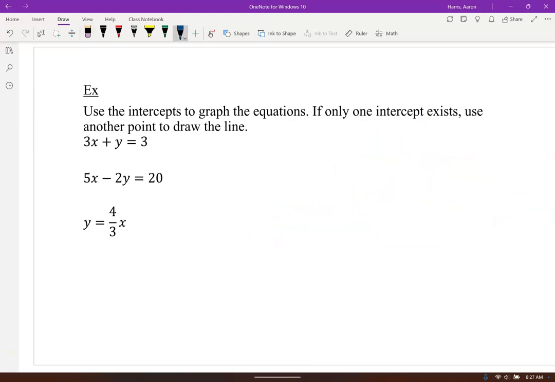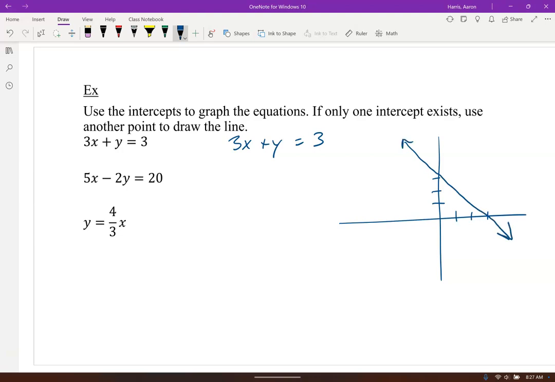So this one we've got 3x plus y equals 3. I know you don't have a picture of it right now, but this is kind of what this thing looks like, you'll see. But in order to find that point and that point, to find an x-intercept, we let y be 0.